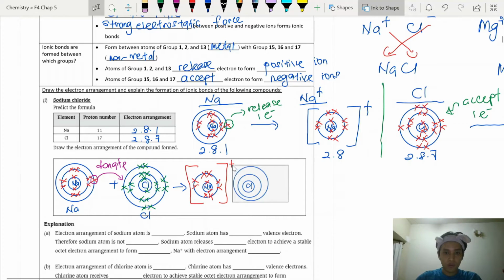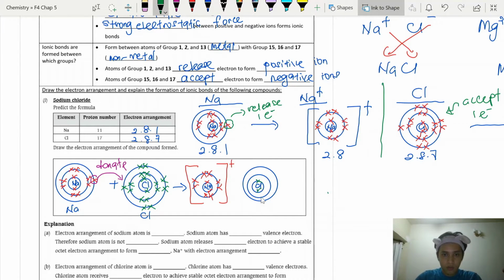Now for your chlorine, you're also going to do the same thing. Okay, so here 1, 2. Okay, it's a hassle drawing all these things. Alright, 7.